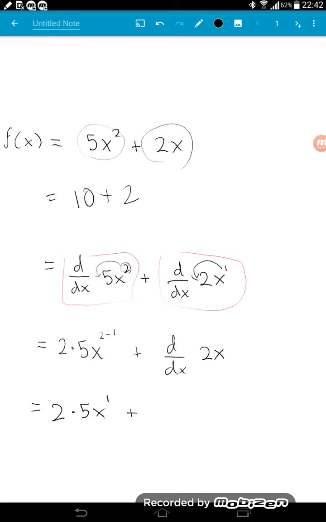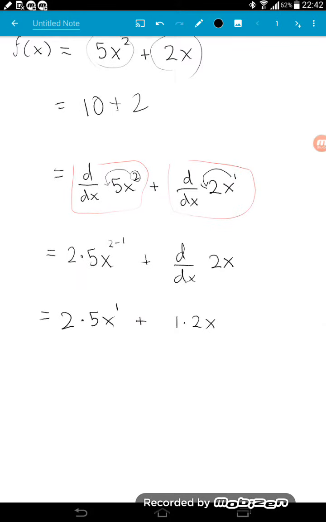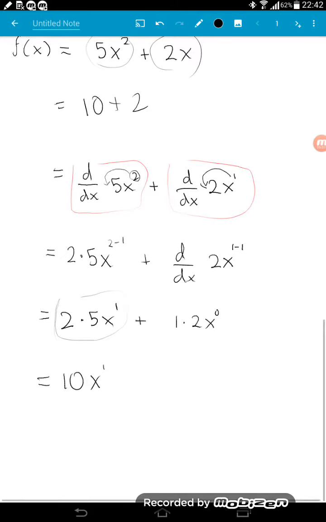So you are going to have 1 times 2x to the power of 0, because basically what you're doing here is you reduce your exponent by 1. So 1 minus 1 equals 0. So you times this, 2 times 5 equals 10, and your variable is x to the power of 1.